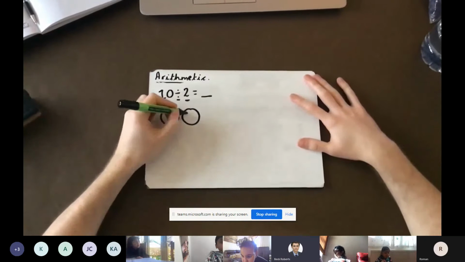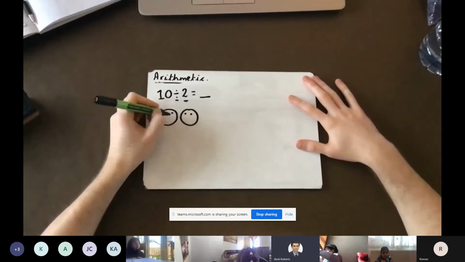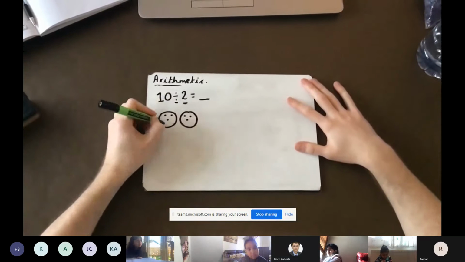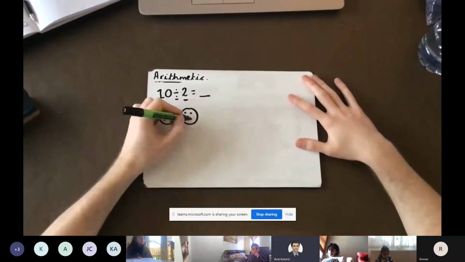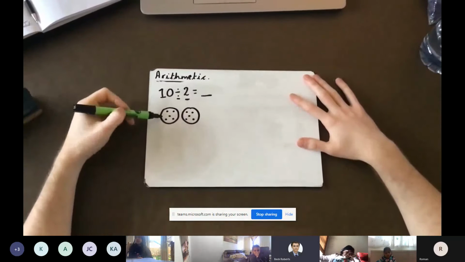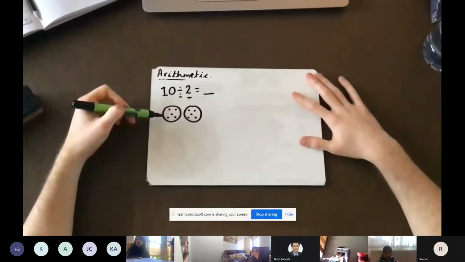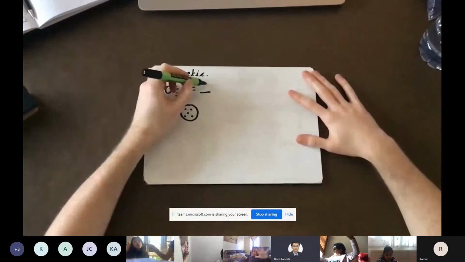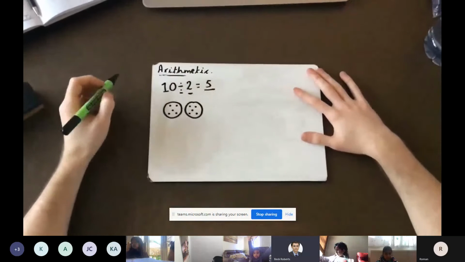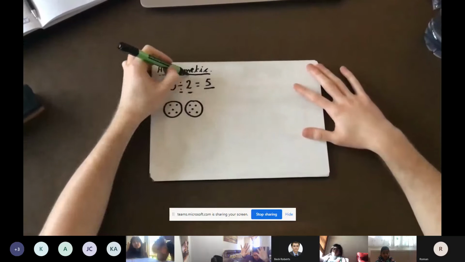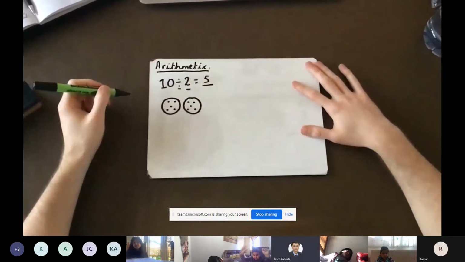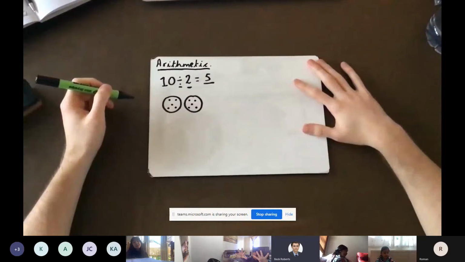So 1, 2, 3, 4, 5, 6, 7, 8, 9, 10. How many have I got in each group? I've got 5 in each group. So my answer to that question is 5. So 10 divided by 2 is equal to 5.